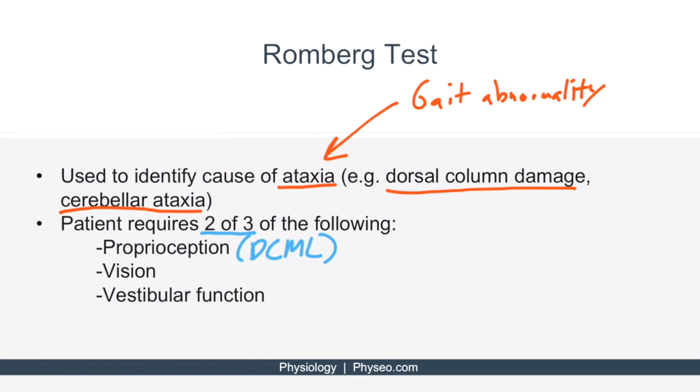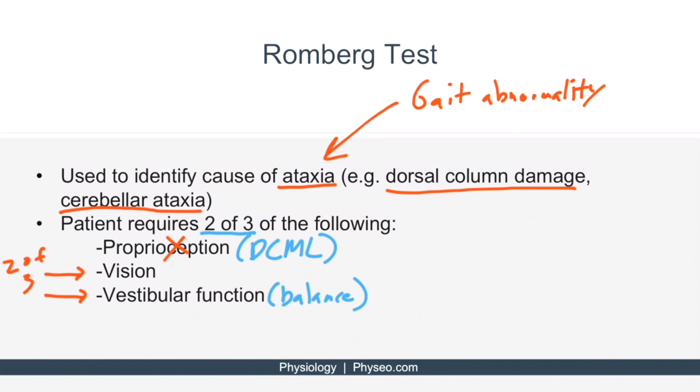And they need vestibular function, which helps them balance. And if they lose one of those, let's say proprioception, then when they're walking around, they have vision and vestibular function, which means that they can walk totally normal because they have 2 of the 3.